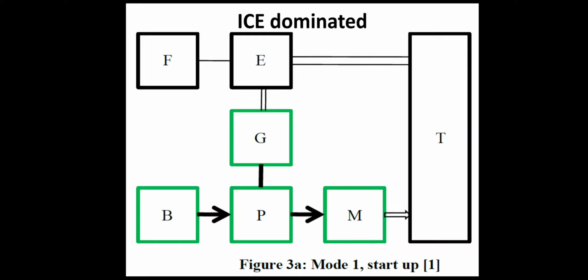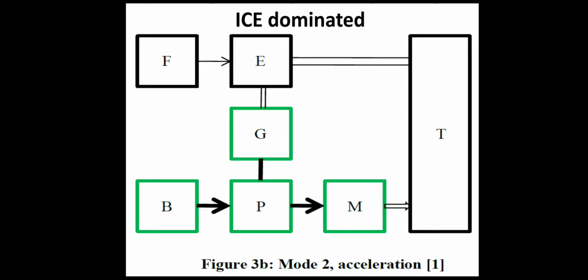So the IC engine does not provide power at startup. In this mode you can see here that there is no power flow from the engine side. You have to see it in the block diagram. The IC engine is not running, so the generator is not running, so only battery power is used to drive the motor.